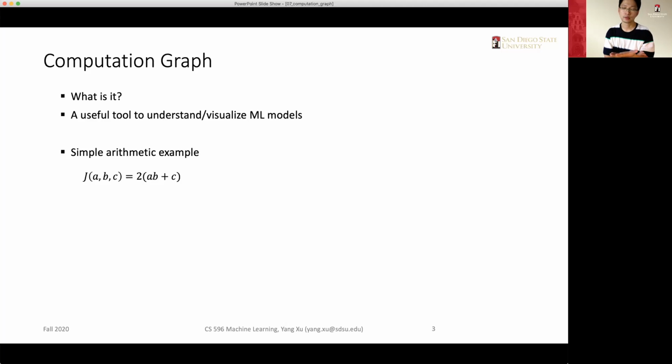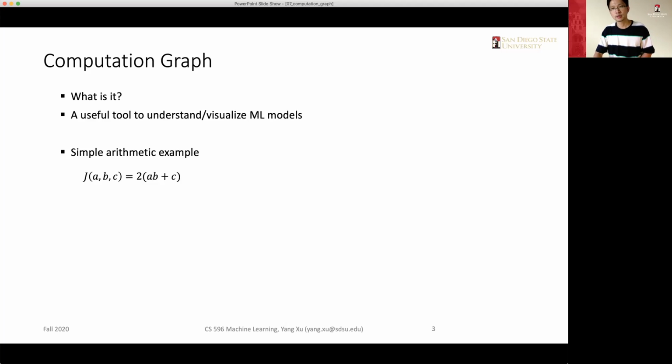It computes 2 times the result of a times b plus c. So it's basically three arithmetic operations: we first have a times b, then we use the result of a times b to add c, and we use that result to multiply with the constant 2.